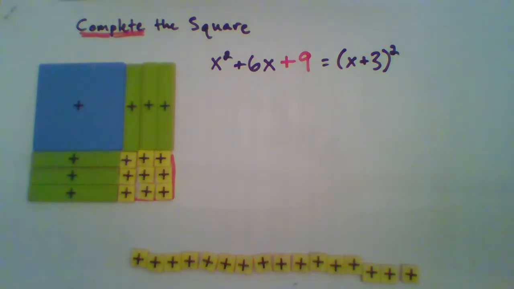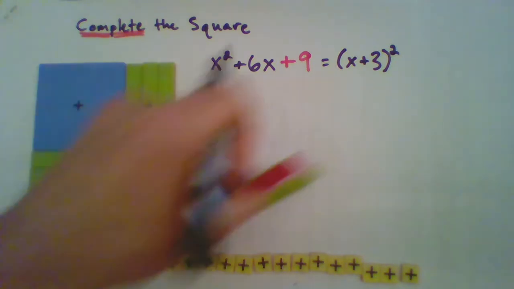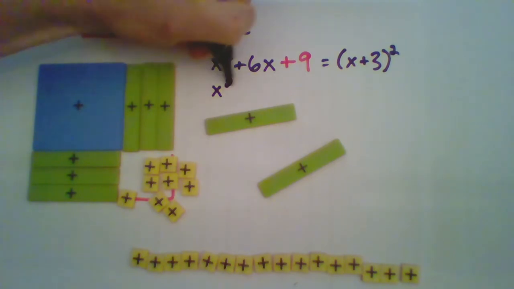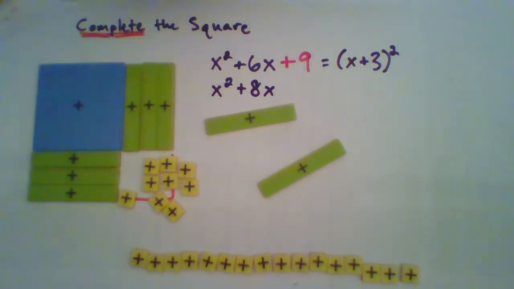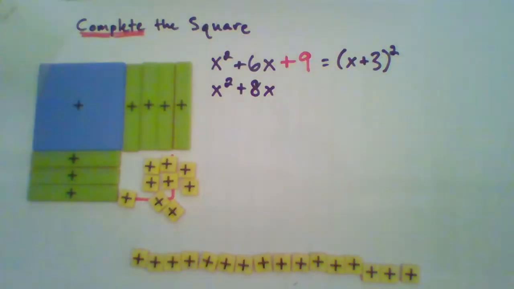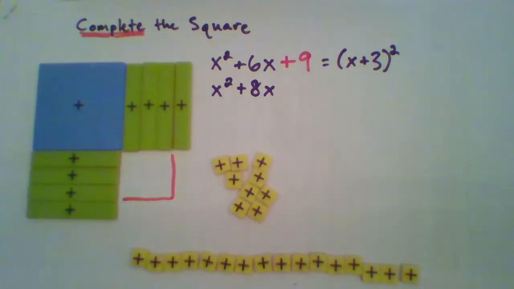All right, what if we had 8 x's? So I'm going to add a couple of these green rectangles here. What if we had x squared plus 8x? It's going to have to make a bigger square, right? So let's see, if I add this piece here and this piece here, now what do I have to add in to complete the square?